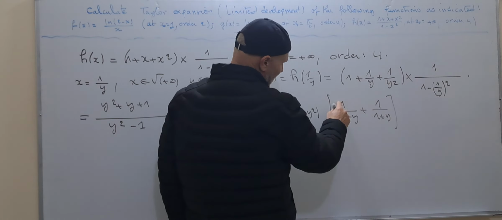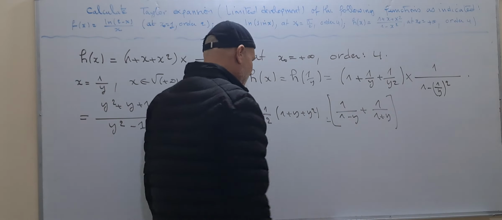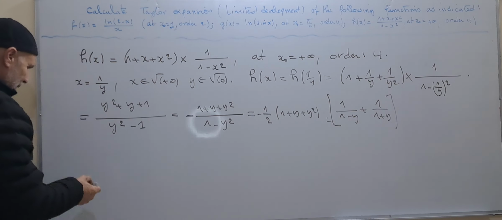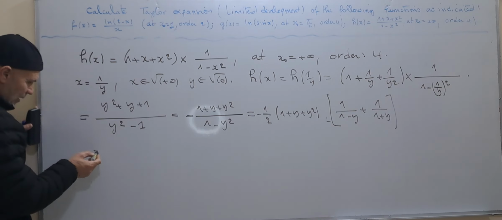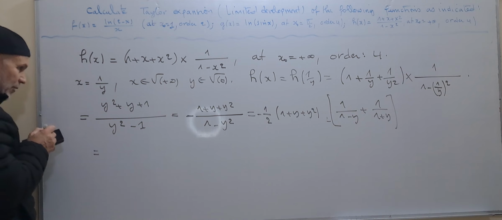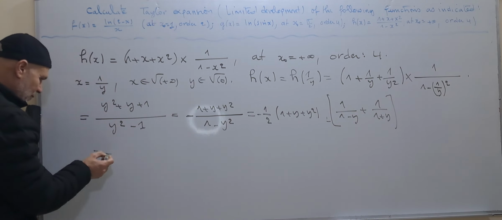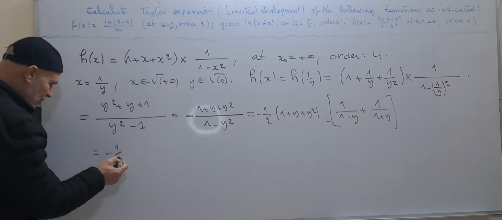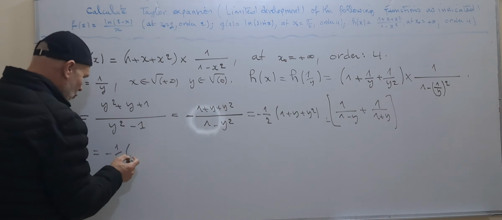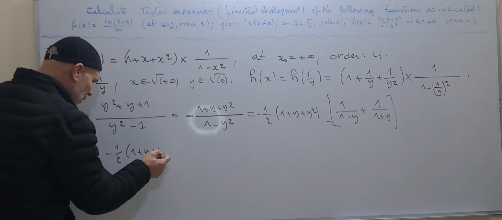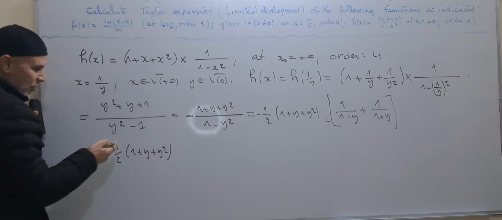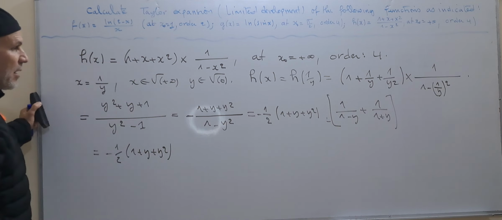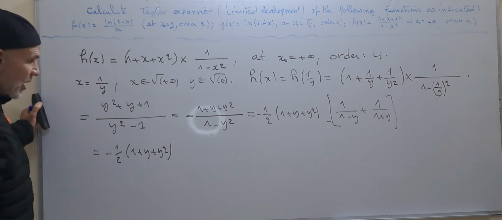Here we have 1 plus y minus y, so it's okay. This is what we need. And it is equal to minus 1 over 2, 1 plus y squared. This is a regular polynomial, so we do not have to do any change.